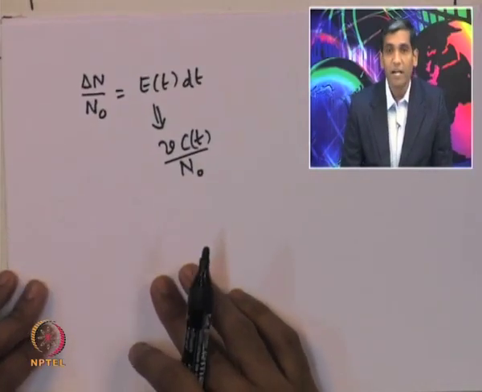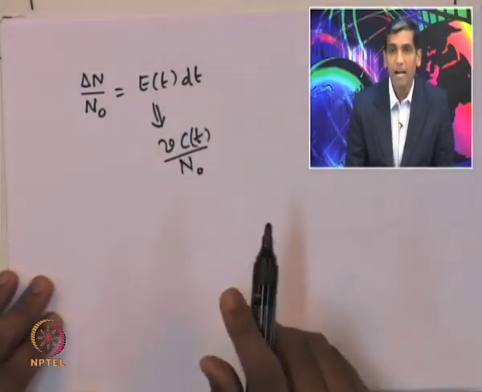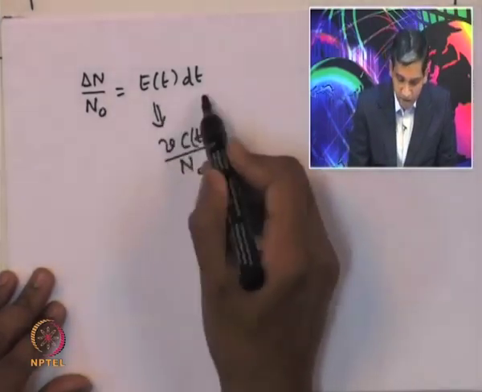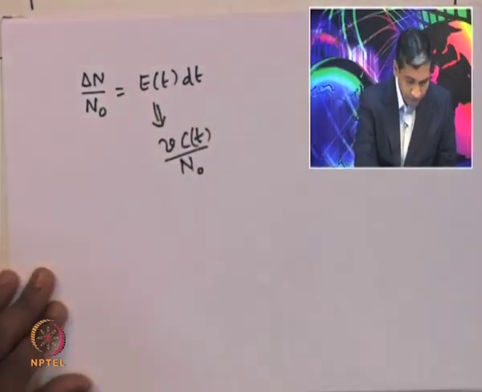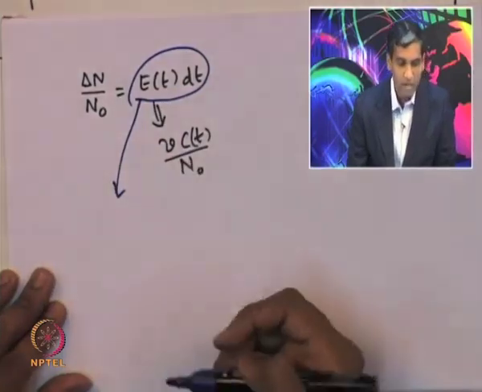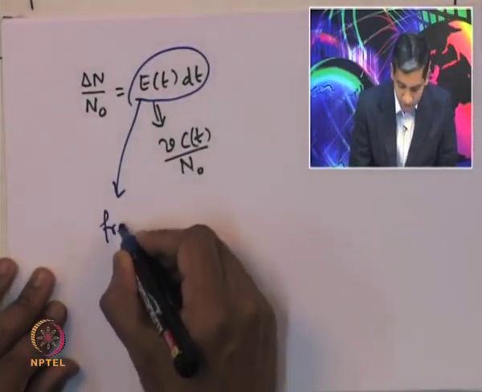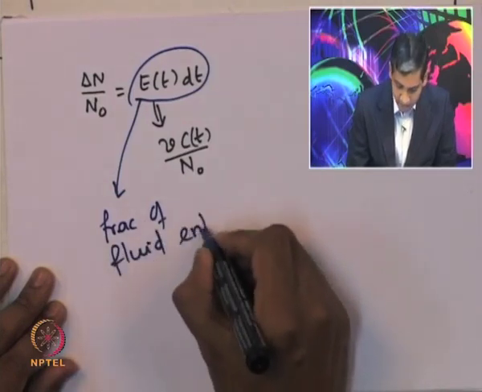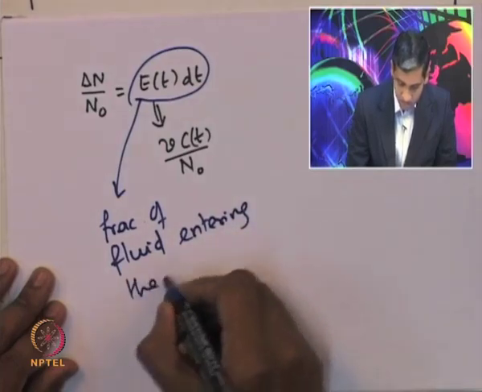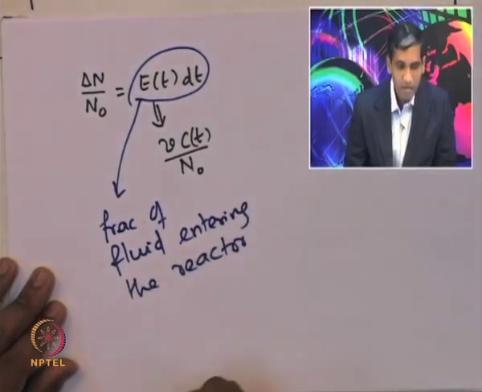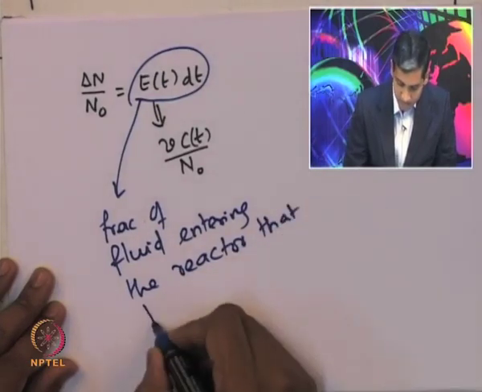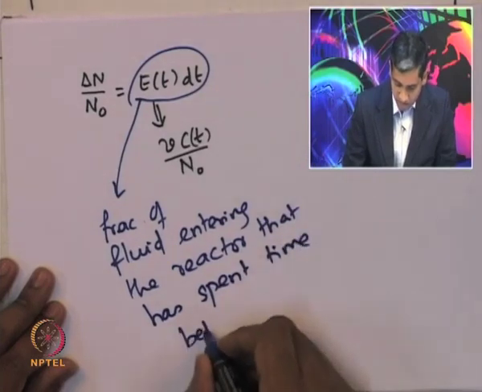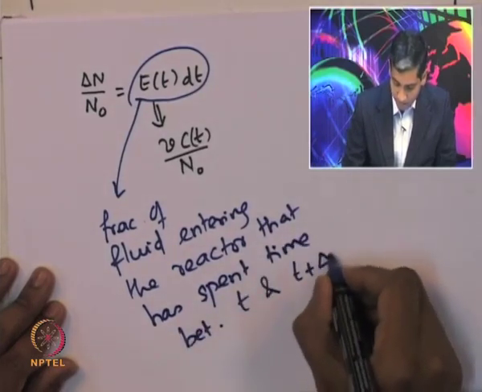If E of t describes the amount of material residing in the reactor, then E of t dt represents the fraction of fluid entering the reactor that has spent time between t and t plus delta t.